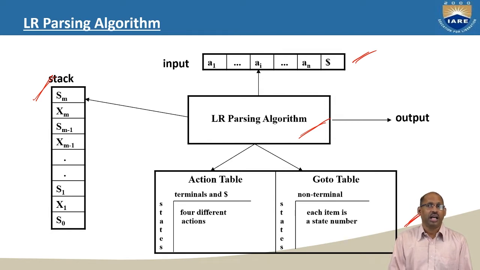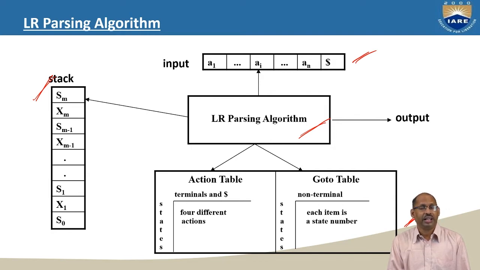So our LR parsing algorithm will refer to the input symbol and the stack top element, that is the state, and it will refer to our simple LR parsing table. In the LR parsing table, there are two divisions, the action table and the goto table.